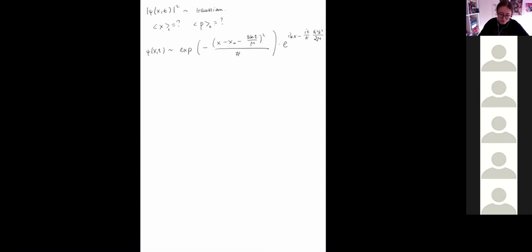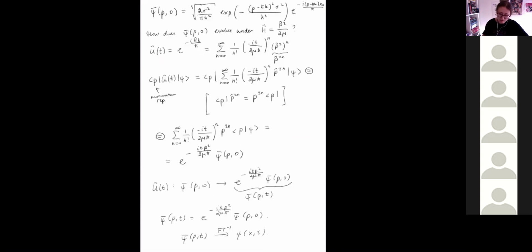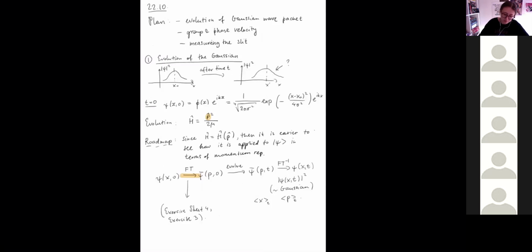Remember when we were looking at the expectation value of just the Gaussian psi x0, the expectation value of the position was exactly x0. So it would be x minus x0, and in the end, the x0 would come out as the position expectation.